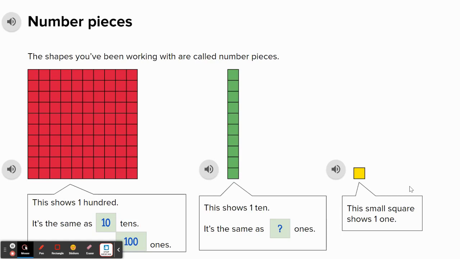Let's look at the 100s block. The 100s block is the same as 10 tens because I can fit 10 strips of 10 on top of this block. It is also the same as 100 ones. I can fit 100 of the yellow squares on top of this red block.